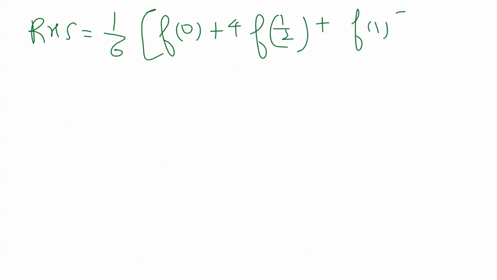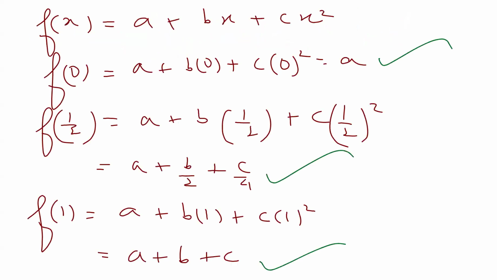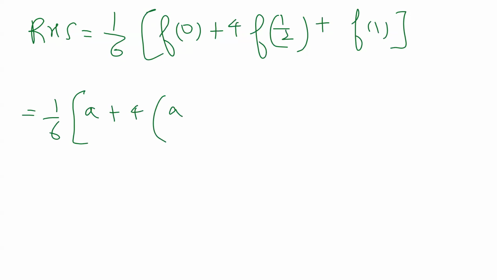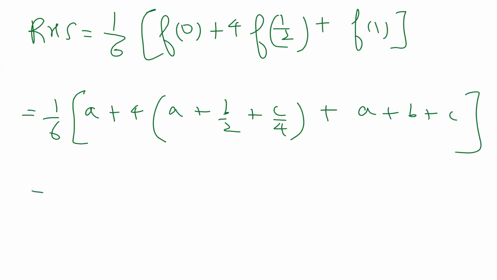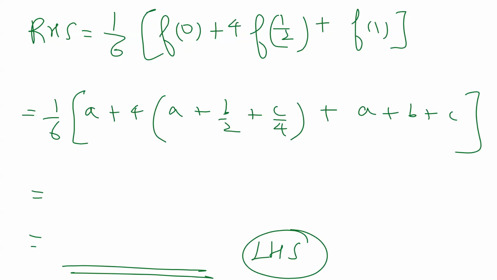F of 0 is a, f of half is a plus b by 2 plus c by 4, f of 1 is a plus b plus c. So you simplify this and check whether you are getting the same value as that of the LHS. Simplification part, I leave it up to you. You can do it at home later on.